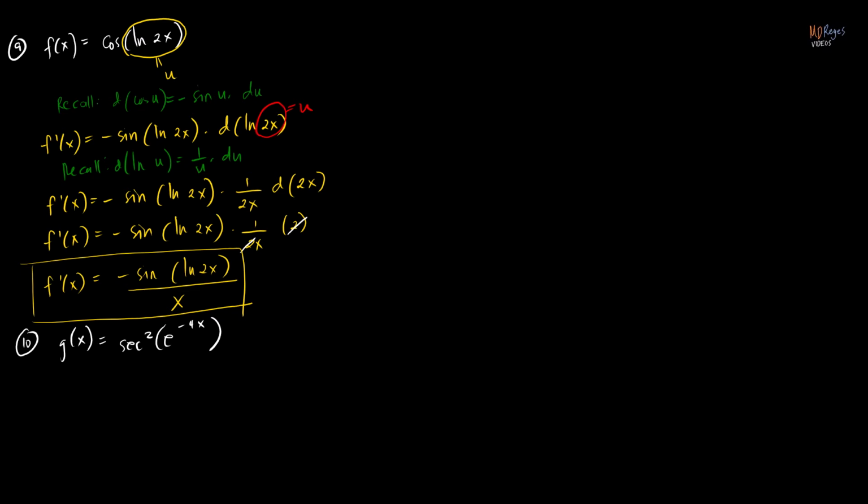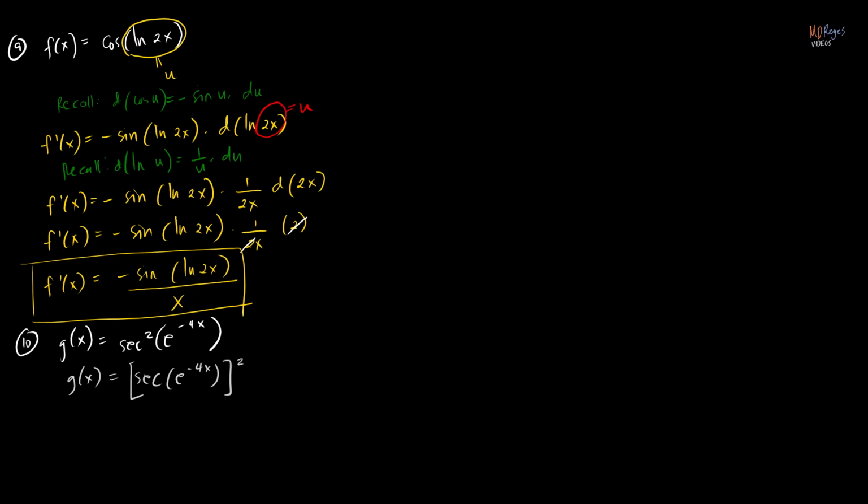So we're going to use the general power rule here, of course. We can rewrite the function as g of x equals the secant of e to the negative 4x, raised to 2.